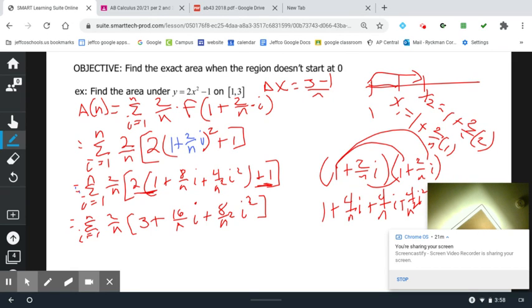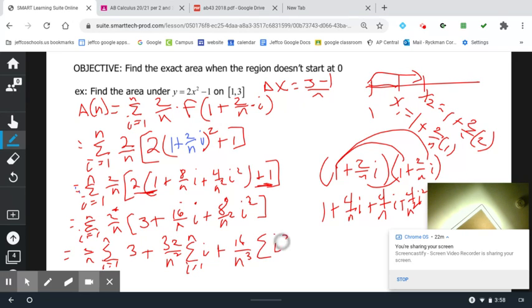Finally, we're ready for splitting our sums. All right, so I'm going to have a 2 over n outside 3, then I'm going to have a 2 over n and a 16 over n, so a 32 over n squared i, and then a 2 over n times an 8 over n squared, so a 16 over n cubed i squared.